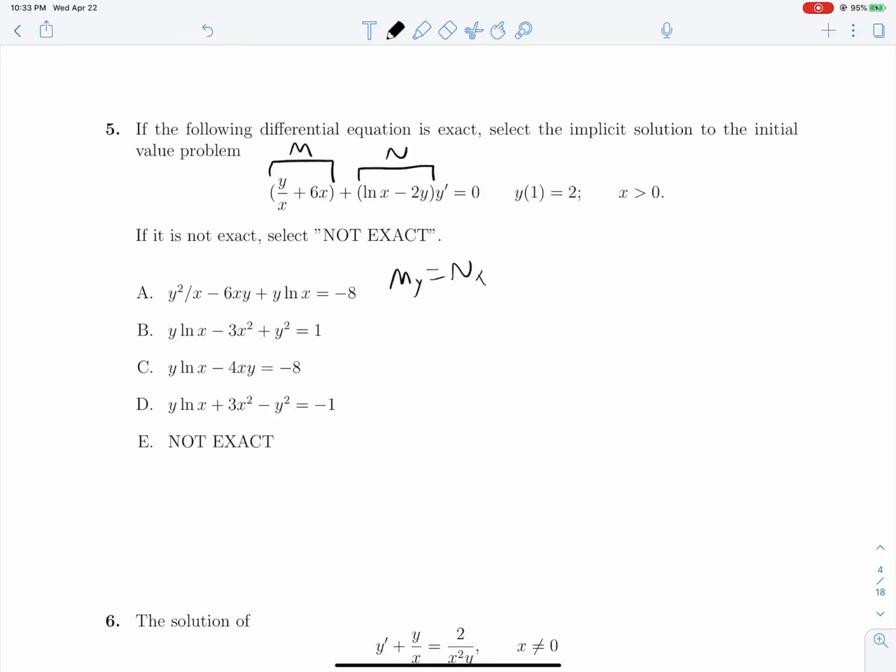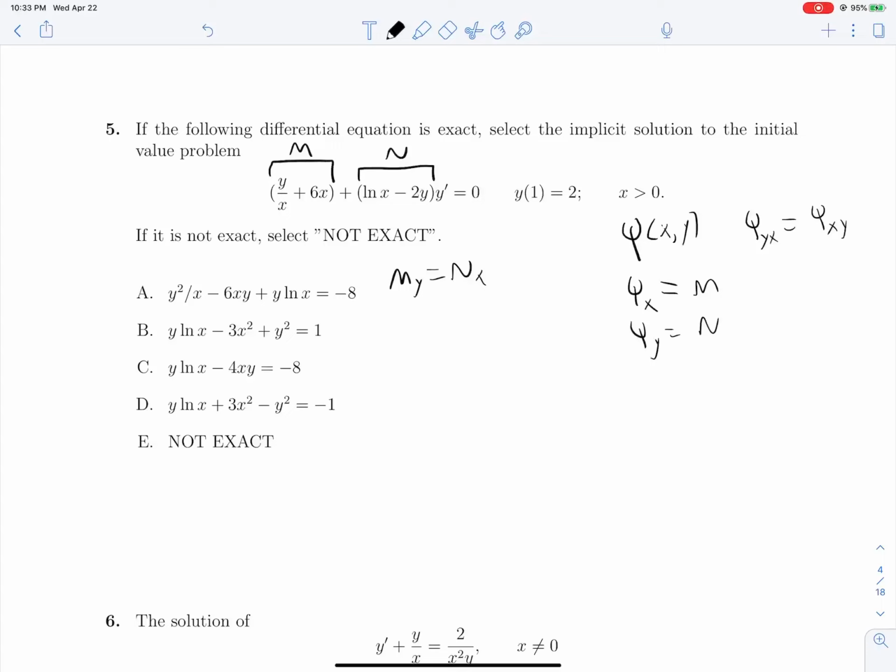This is because our solution, the implicit form of our solution, should be some function phi of x, y, where phi x, the partial derivative of phi with respect to x, is M, and phi y is N. Thus, we know from Calc 3 that the mixed partial derivative, phi yx, should be equal to phi xy.